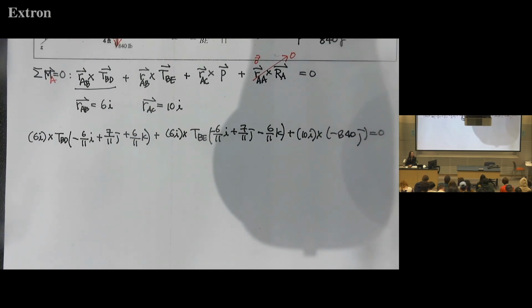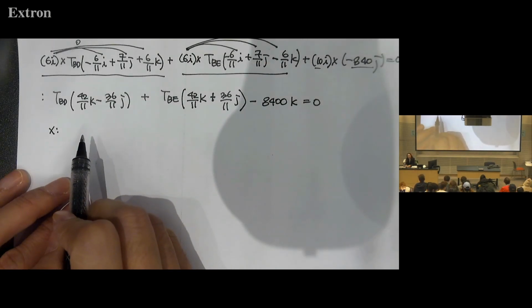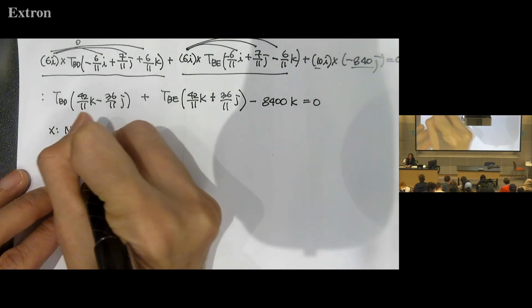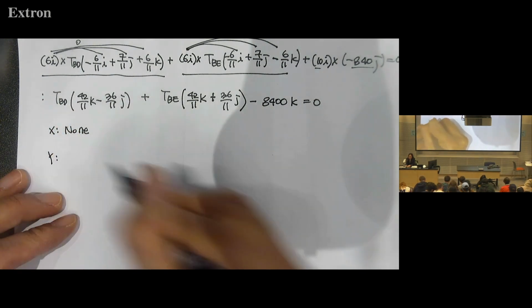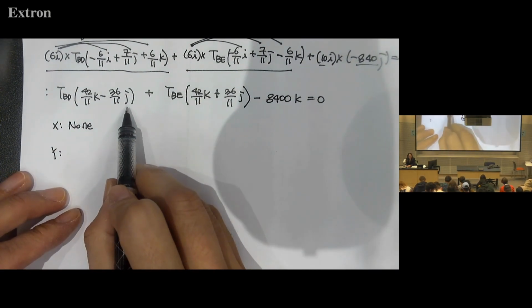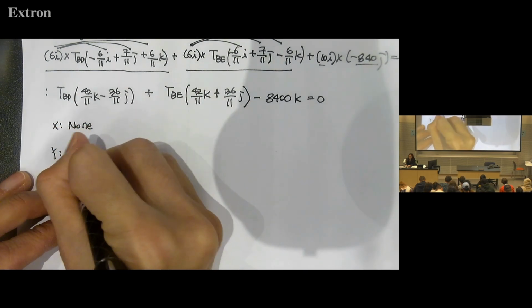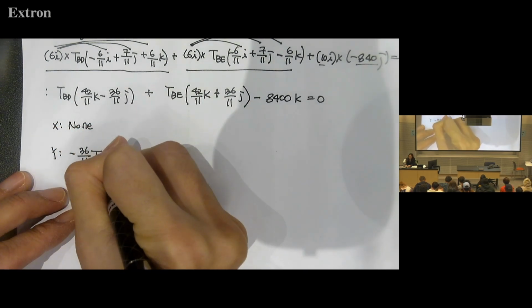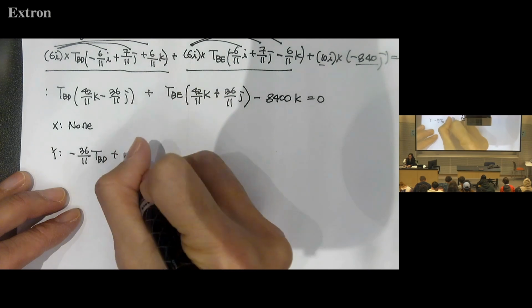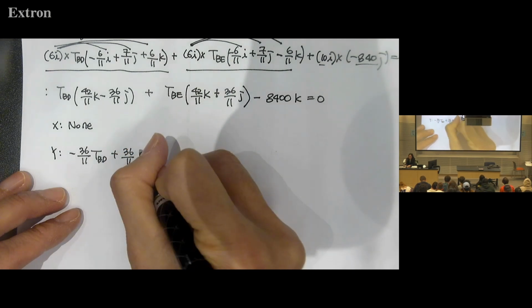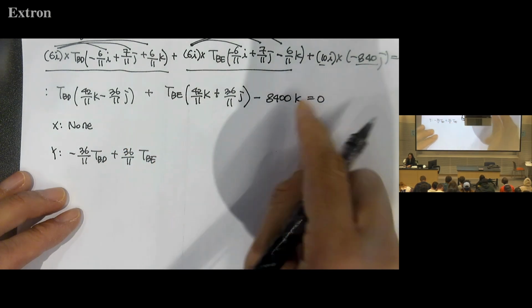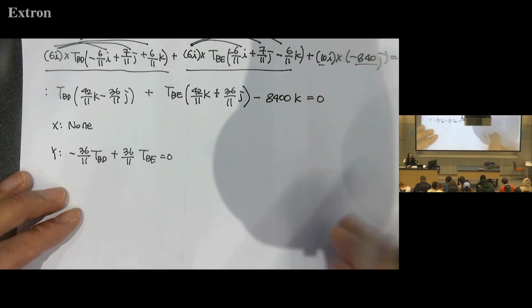Right. And is there any x component? No, none. And then the y component in front of j, right? So minus 36 over 11 TBD, and then plus 36 over 11 TBE. Okay, so it's 0.